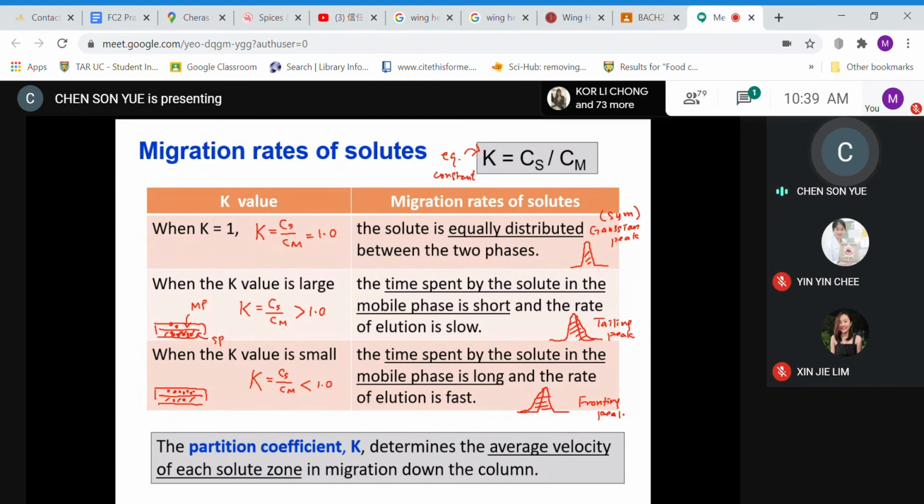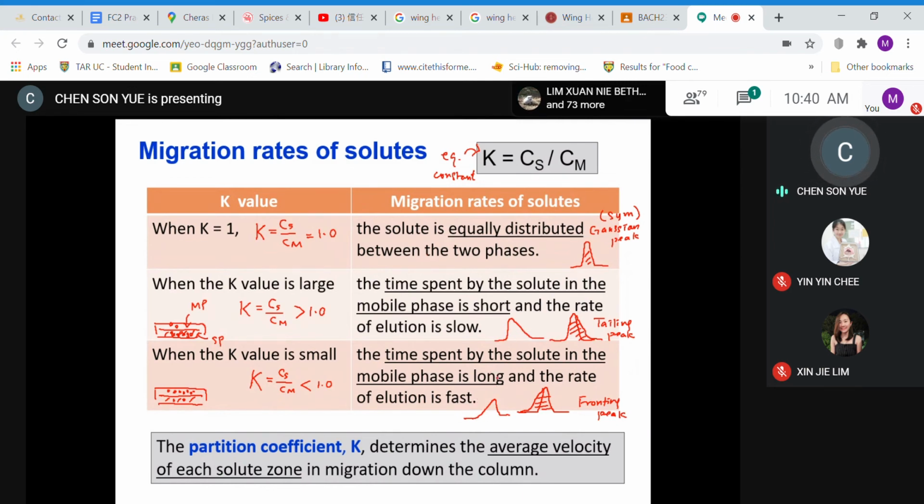It's called a fronting peak. So you see in HPLC or GC, you get a peak something like that. Just now with tailing, you see something like that. Now you can see the difference between like that and like that. You will observe this when you do your HPLC in your FYP.